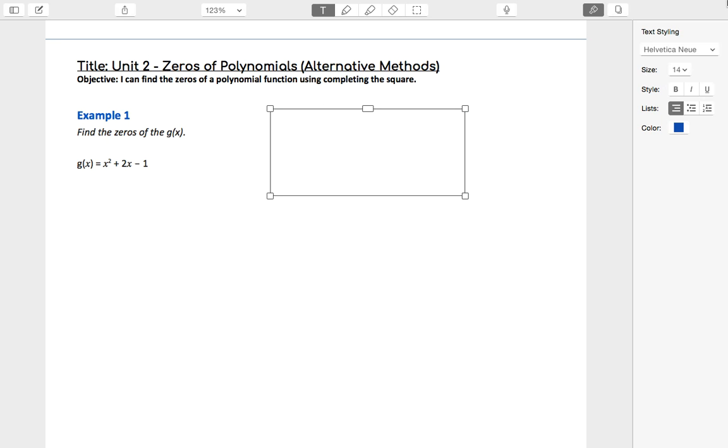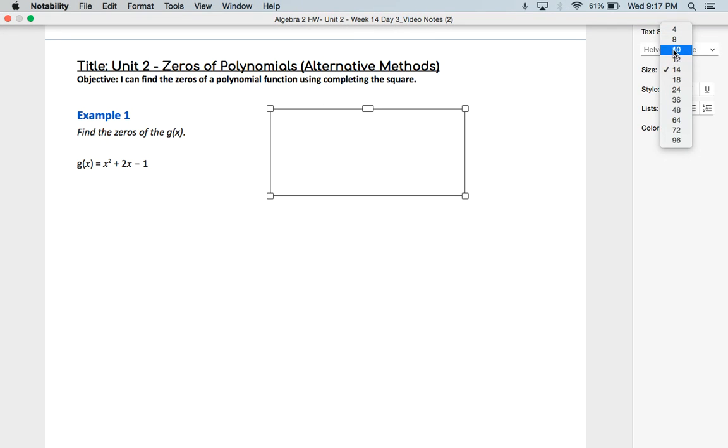So here's the step-by-step process. Step 1 is that we want to isolate variable terms. Step 2 is going to complete the square, and this is going to talk about creating a square trinomial.